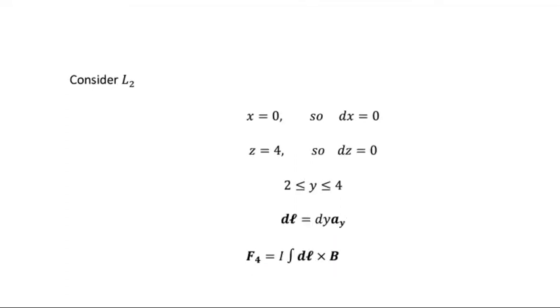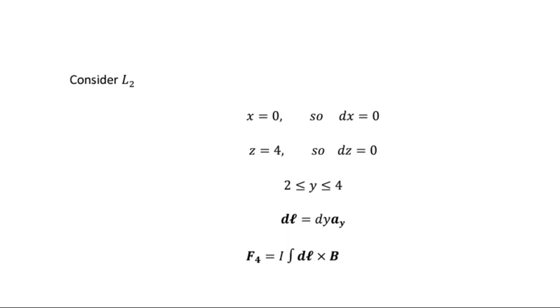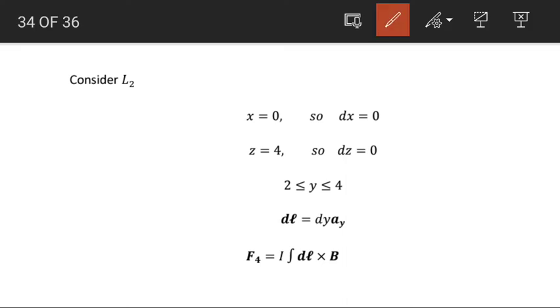And we know that the force on L4 will be equal to I, and then we have the integration of dl cross b. So we use this integration to find out the force on side L4.